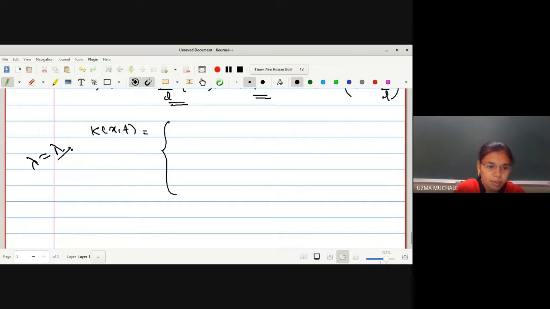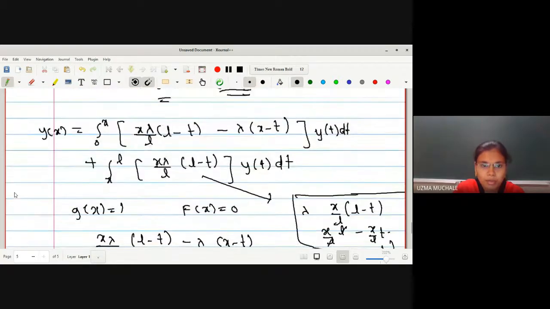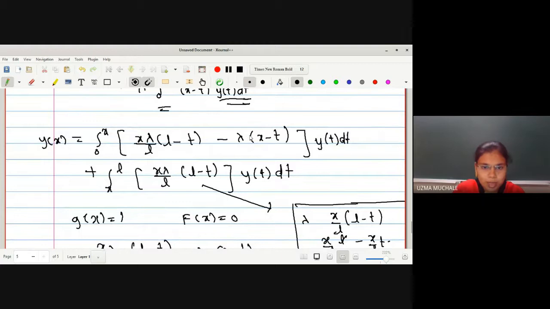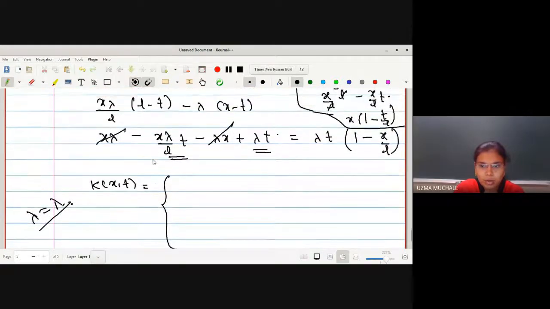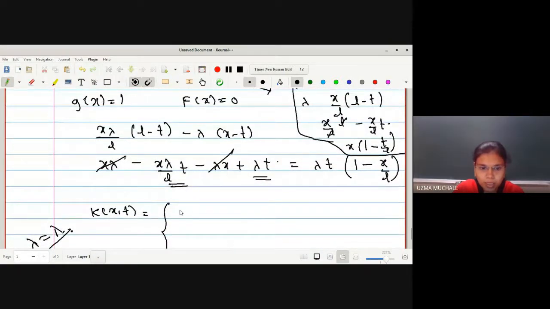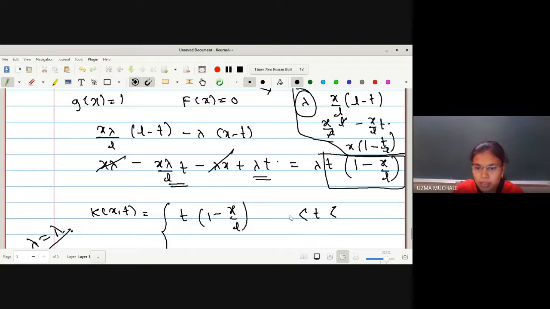So what is the value of lambda? You can take lambda common from both the terms. There is lambda here and lambda here, so we can keep lambda outside and write the equation. The first term we have obtained is t into 1 minus x upon L. This will be within the interval 0 to x.